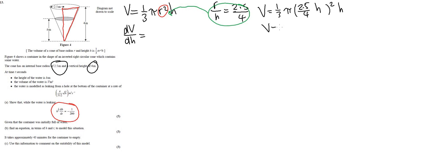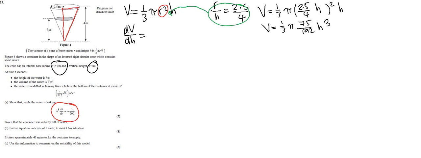So volume is equal to 1/3 pi times (2.5 over 4) squared, and you'll see that it's an equivalent fraction that will come up as 25 over 64, or as shown in the mark scheme, 75 over 192. We're going to need that fraction to get to this answer. That's now times h cubed.